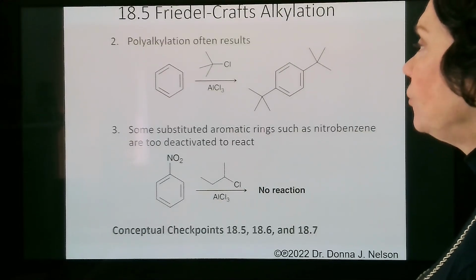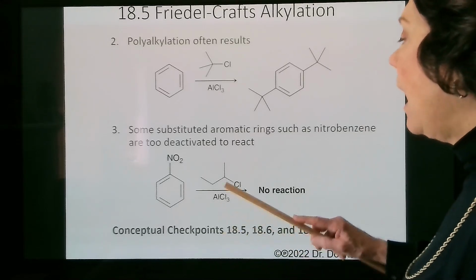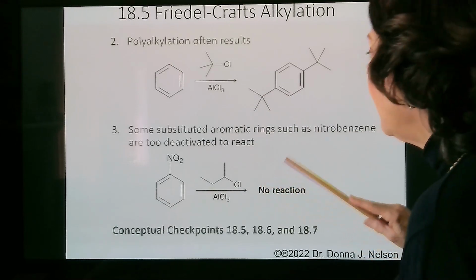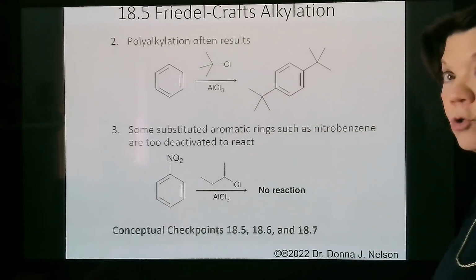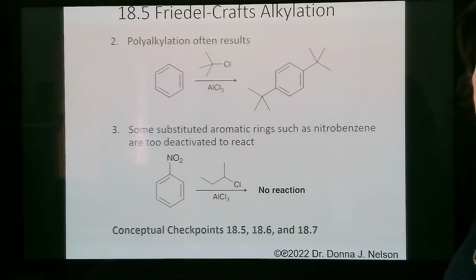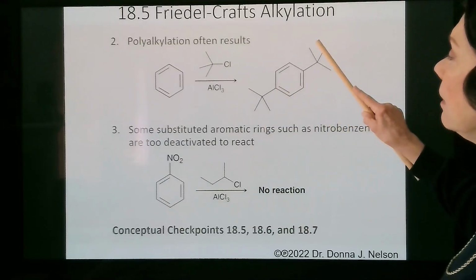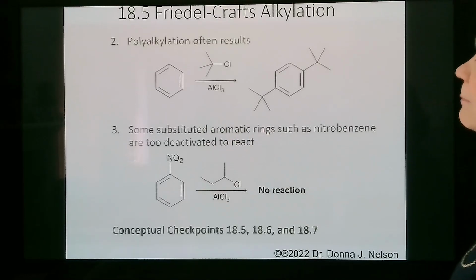Polyalkylation can result because once an alkyl group is attached to the benzene ring, that activates the ring towards additional substitution. And so once the first alkyl group is put on, the benzene ring becomes even more reactive.